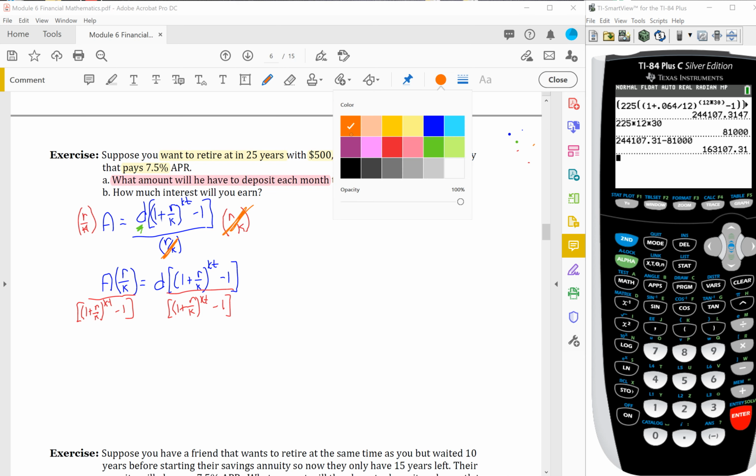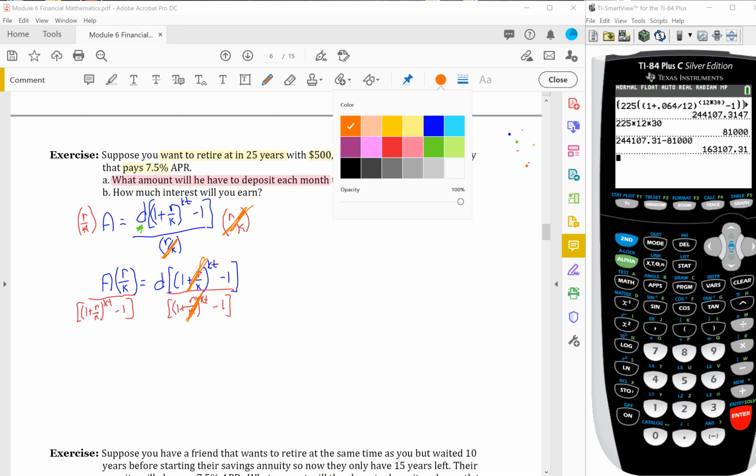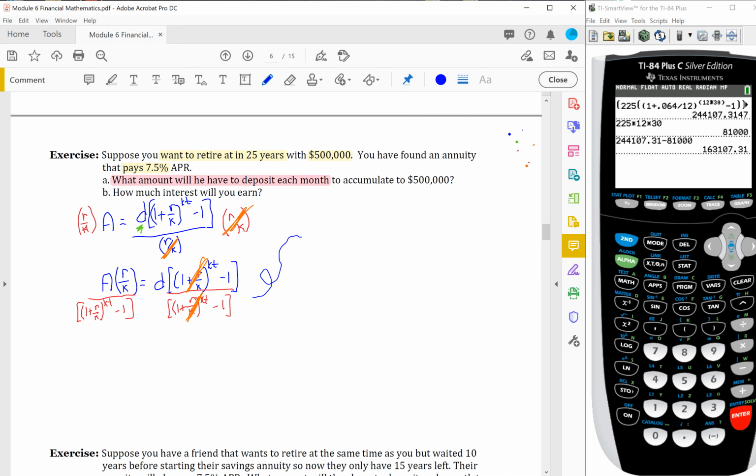And this will do the job of allowing the right-hand side to cancel these bracketed expressions. And what I get back is an expression just for D.